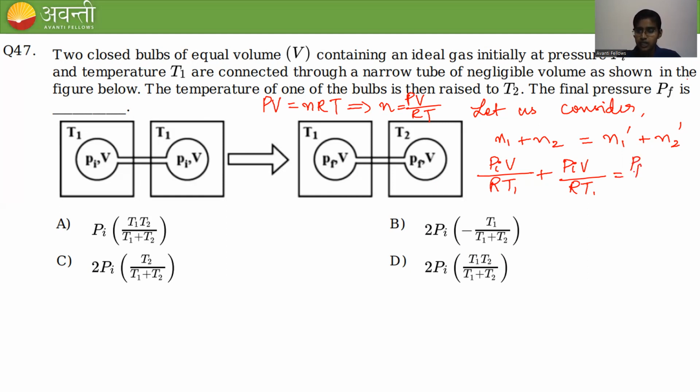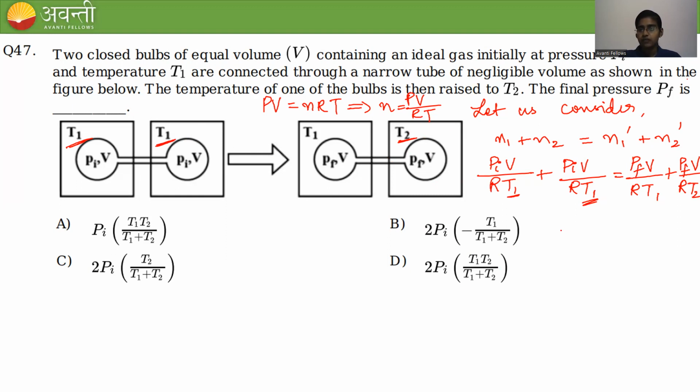So Pf V by RT1 plus Pf V by R. Now for the first system, both the temperatures are the same, so we have substituted T1, T1 here. But in case of the second system, the final temperature is T2, so I have to put T2 here.